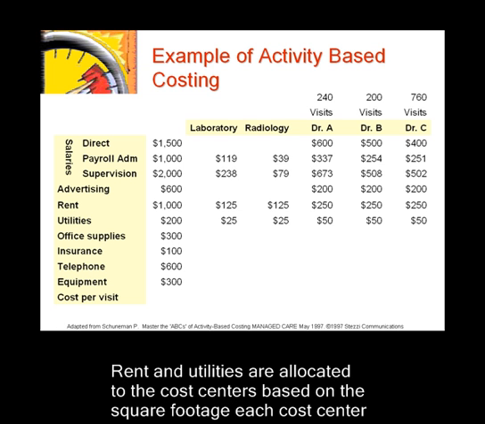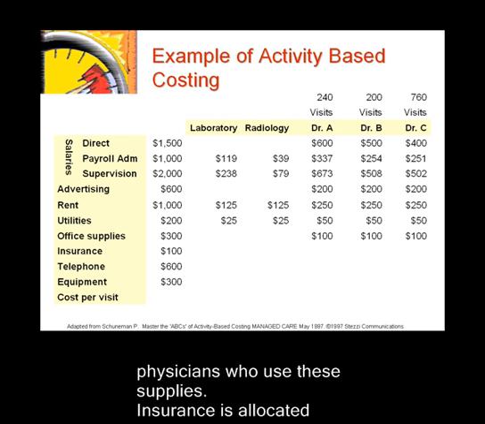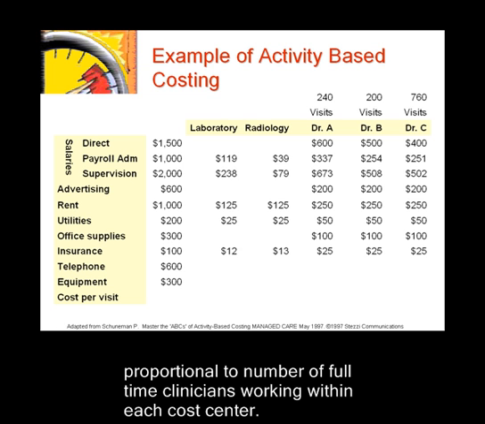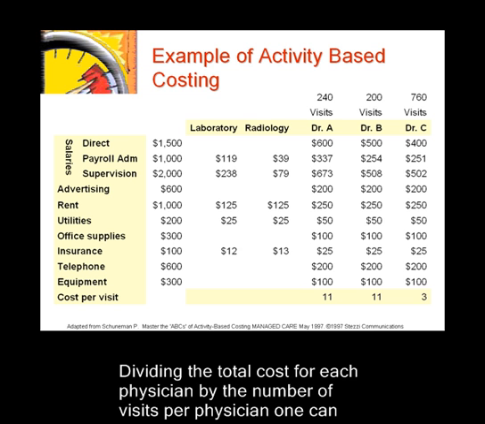Rent and utilities are allocated to the cost centers based on the square footage each cost center occupies. Office supplies is divided equally among the 3 physicians who use these supplies. Insurance is allocated proportional to number of full-time clinicians working within each cost center. Telephone and equipment is allocated based on clinicians who directly use these services.